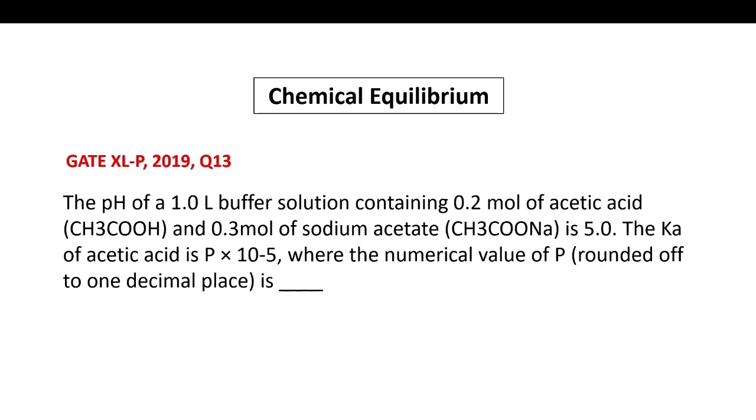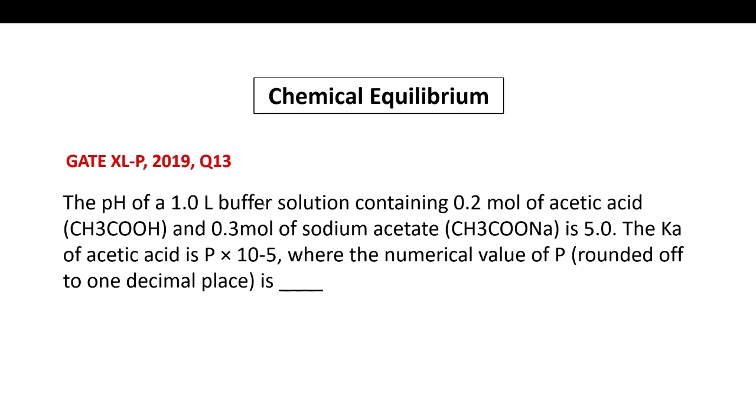So they want the value rounded off to 1 decimal place, and here you are facing a problem where there is a buffer solution with a weak acid and its conjugate base, and all these values are given.